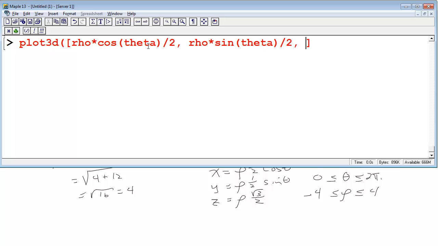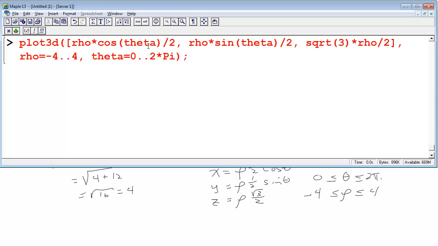And the z was square root of 3 times rho all over 2. And then we just need to put bounds on rho. We came up with bounds on rho. Rho was -4 to 4, and theta was 0 to 2 pi.